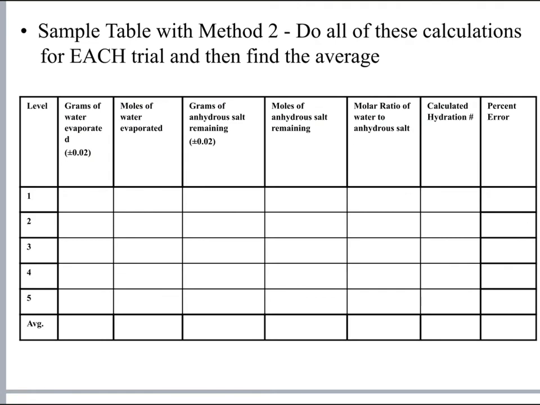So it is important to have this information itemized for method 2. I know we looked at a table like this earlier, but if you are doing method 2, you have to give all of the answers or results from the calculations, even though you're only doing one sample calculation.